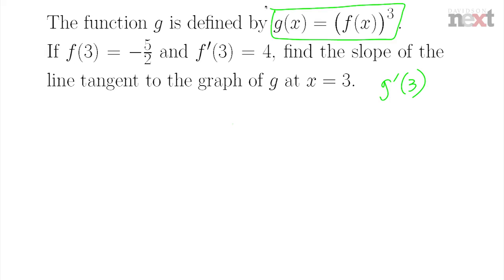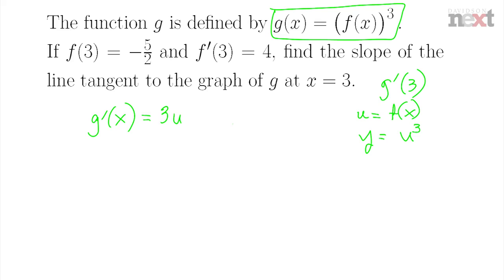Since g of x is defined here as the function f of x cubed, then g prime of x will involve the chain rule, where u, the inside function, is f of x, and the outside function, which we've been calling y, is u cubed.